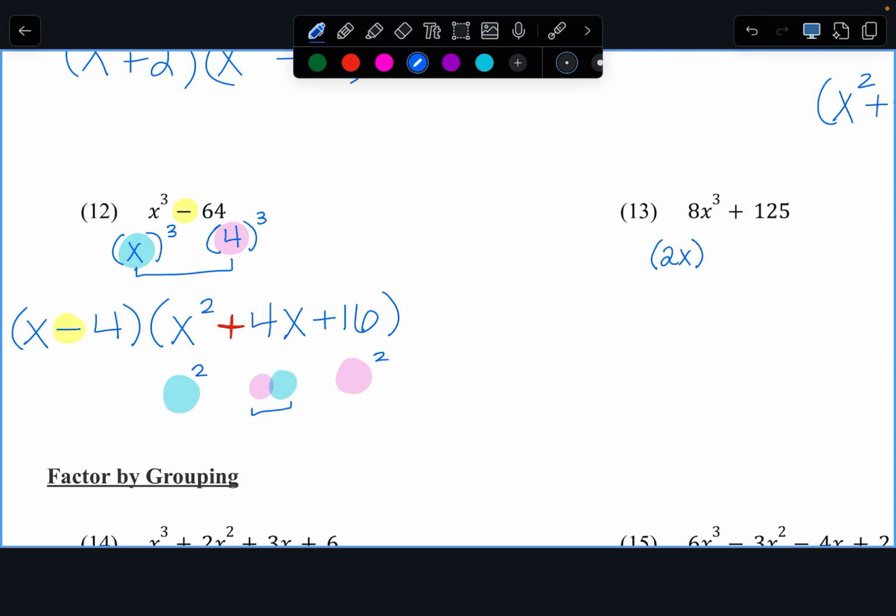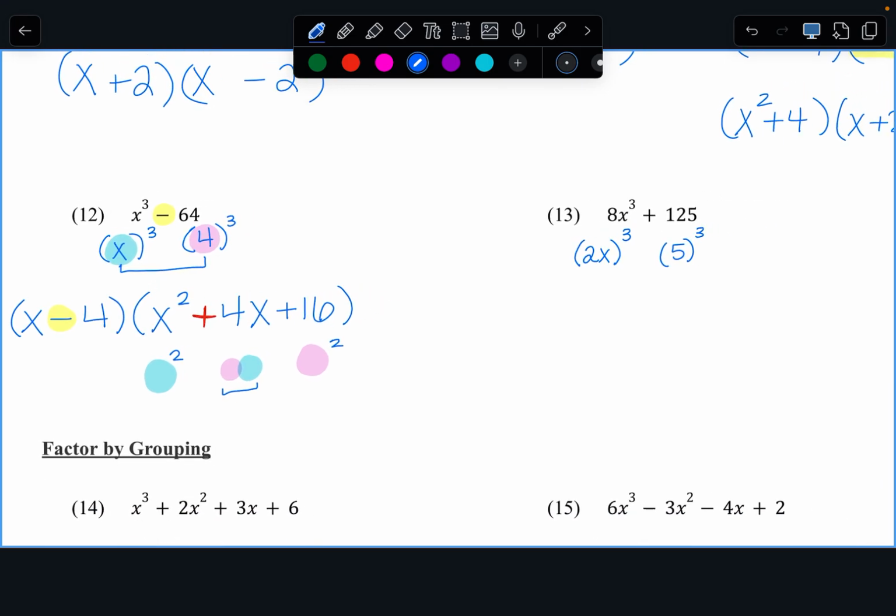This is 2x times 2x times 2x. 2 times 2 times 2 gives you 8. X times x times x gives you x to the third. 5 times 5 times 5 gives you 125. Now, we're following the same pattern that we just did in number 12.